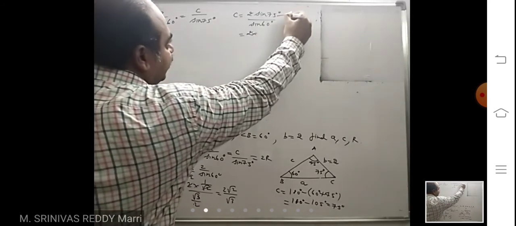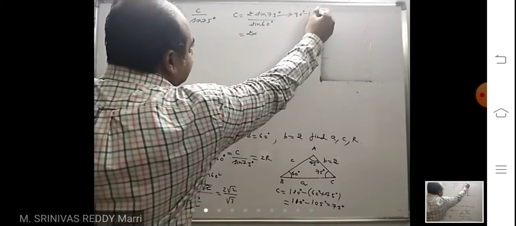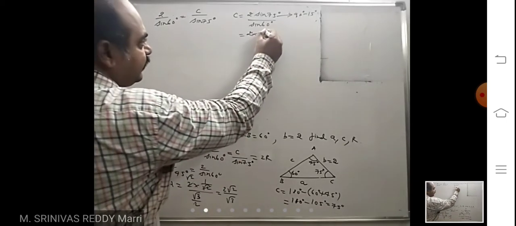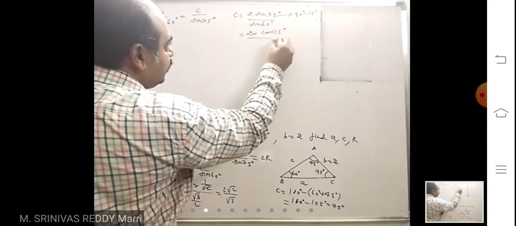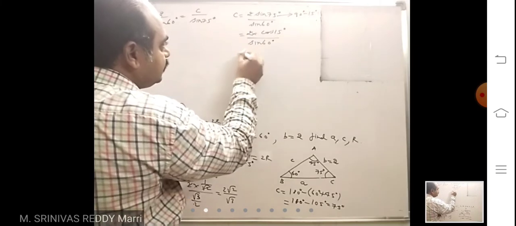This 75, write it as 90 degree minus 15 degree, because 15 degree angle you know. Sine 75 is nothing but sine of 90 minus 15, cos 15 degree, divided by sine 60 degree.